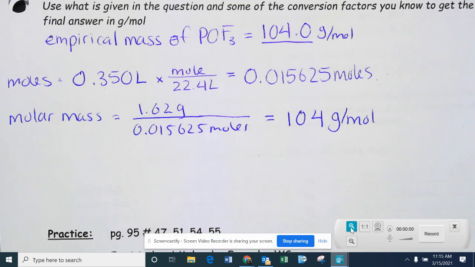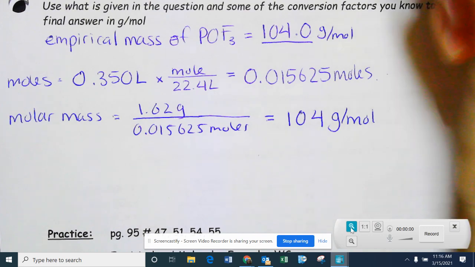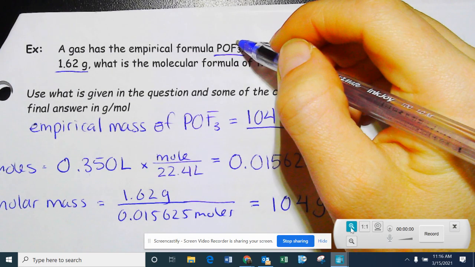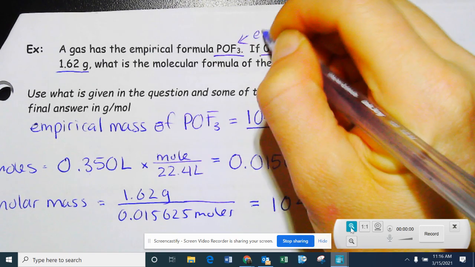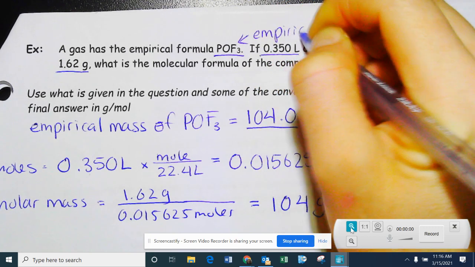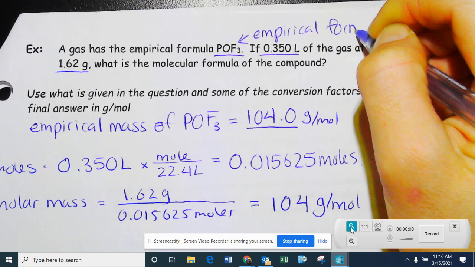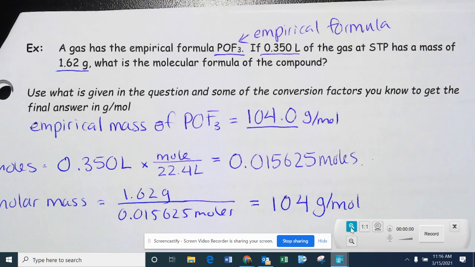Do you calculate it the same way? Like, how do you mean? Yes, so normally if you were given a molar mass, you would calculate it by adding together all of the things in here. But we're just given the empirical formula, and we don't actually know what the molecular formula is.